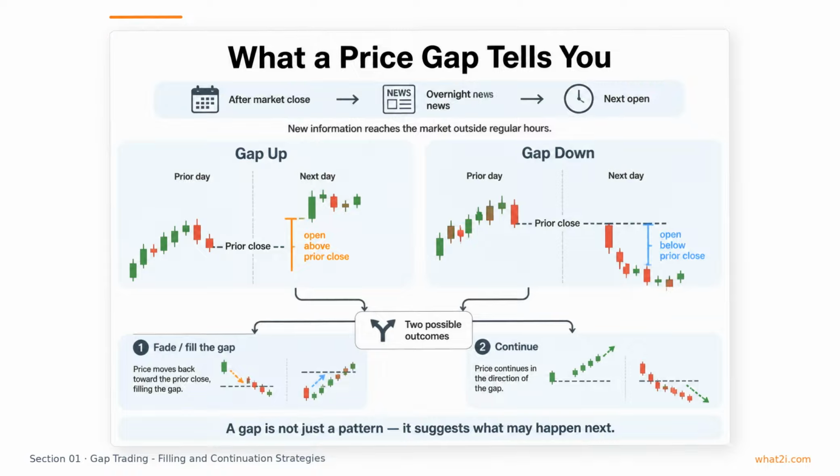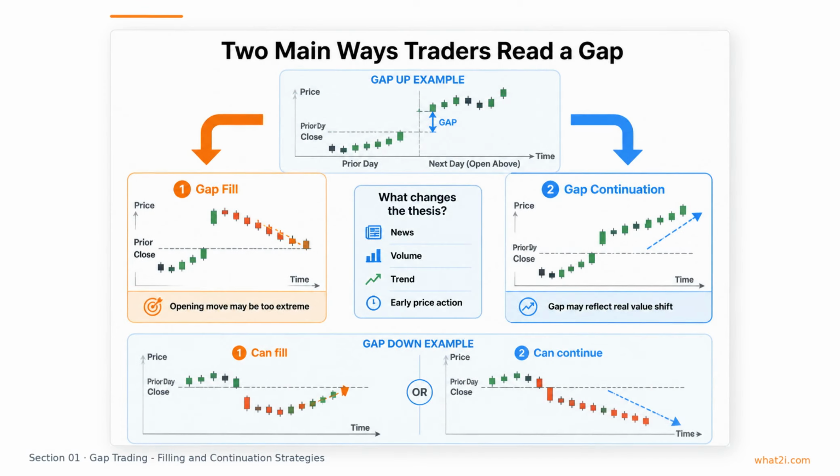The real edge comes from reading whether the market will reject that new price area or accept it and keep moving. Once a gap appears, traders usually frame it with one of two basic ideas. The first is a gap fill, where price reverses and travels back toward the prior close because the opening move was too emotional or too far too fast. The second is a gap continuation, where the market treats the new opening price as justified and keeps pushing in the same direction.